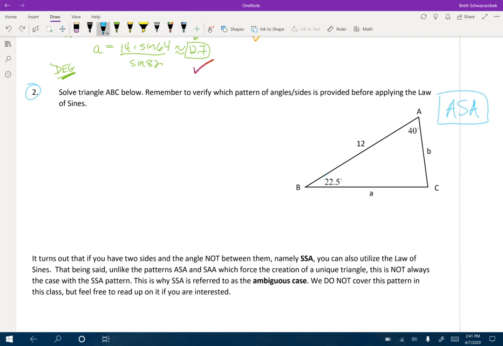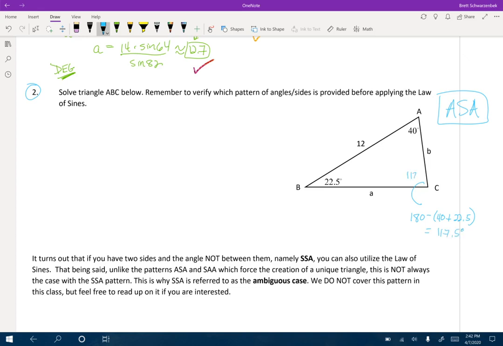If we look at side C and angle C, it appears we don't have angle C, but we do have the side opposite it. But just from the previous problem, you know that we can easily find C by doing 180 minus the sum of the other 2 angles. If we do that, we get 117.5 degrees.